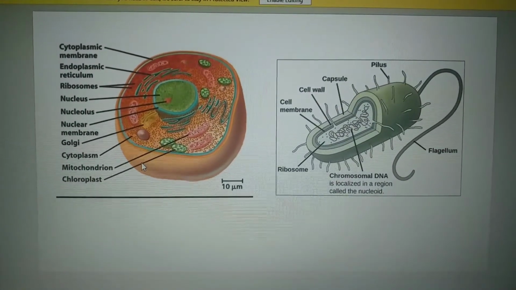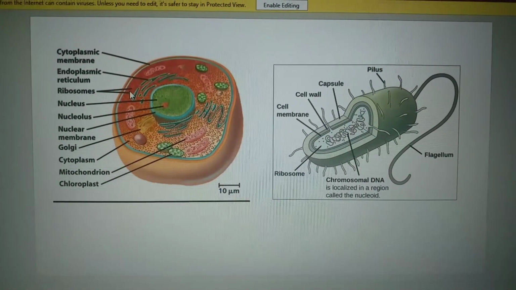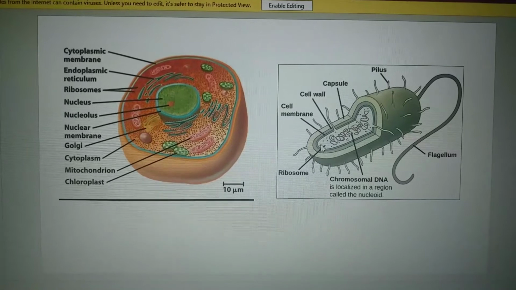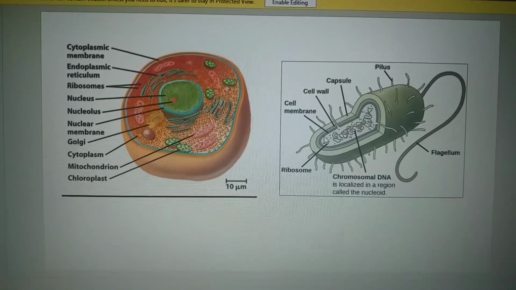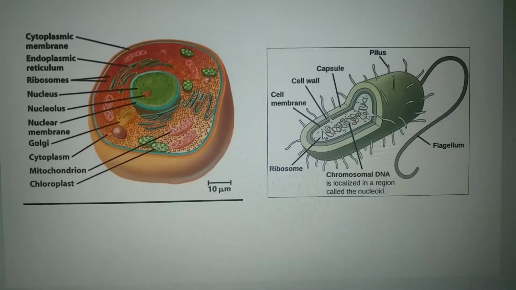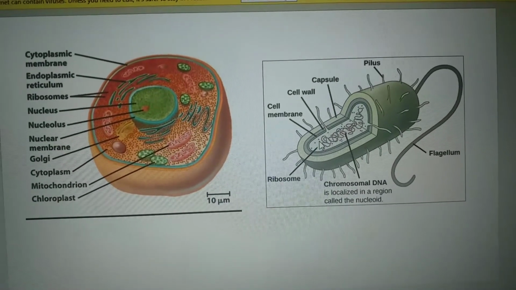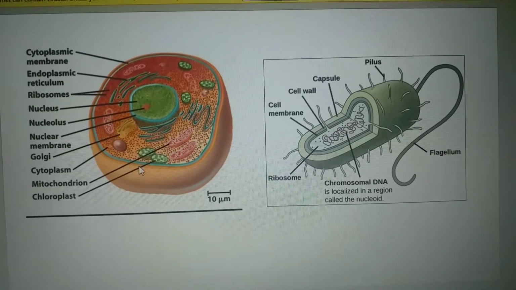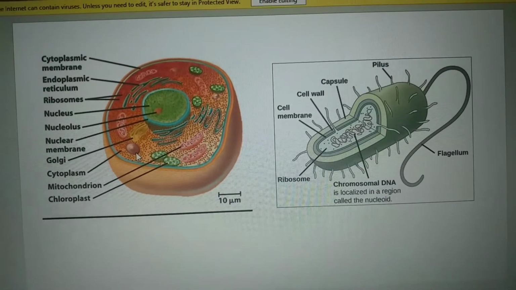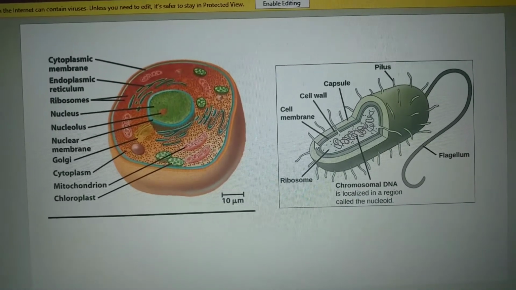The ribosomes here in eukaryotic are larger, while in the prokaryotics, the ribosomes are smaller compared to the eukaryotic. The Golgi apparatus or the Golgi body is present here in eukaryotics. It consists of a stack of membranes, while there's no Golgi apparatus in the prokaryotic.